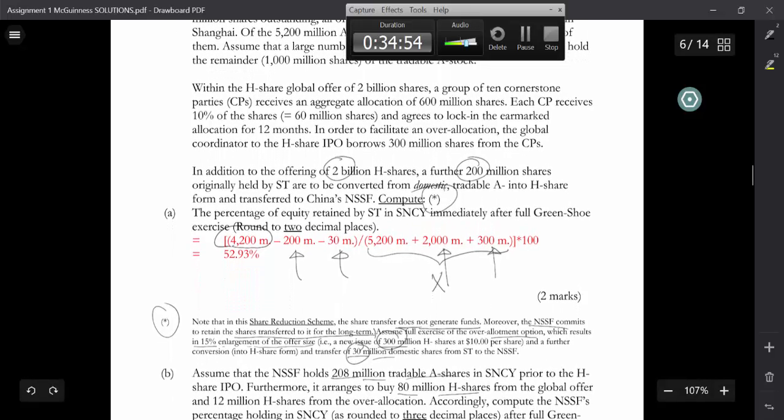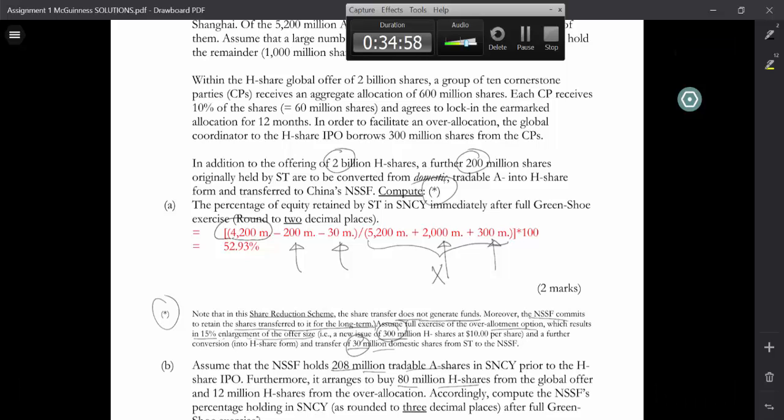You are aware what this is all about, right? You know what NSSF stands for? National Social Security Fund. This is what they have sometimes done in the past when a mainland Chinese company comes to the Hong Kong market and they raise additional capital in H shares. They would not only raise new money, but they would take a part of their existing tradable A shares and convert that into H. Now, this is something that we haven't mentioned elsewhere, perhaps.